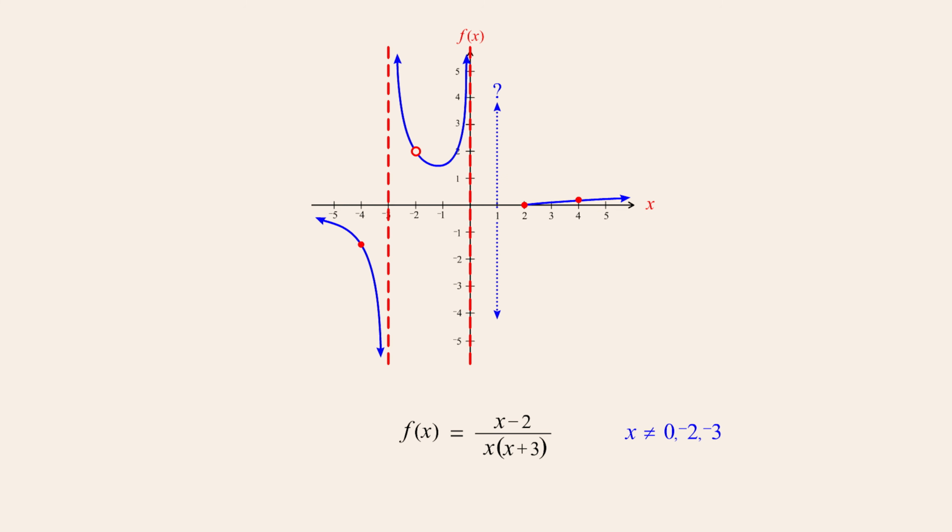Setting the value of x to 1, we see that when x is 1, the function's value is -1/4. The coordinates of the graph at that point are therefore 1, -1/4.